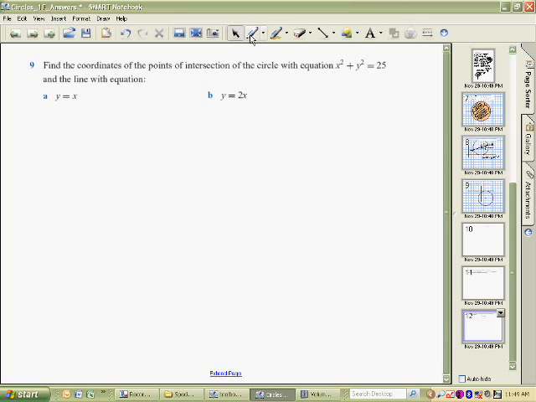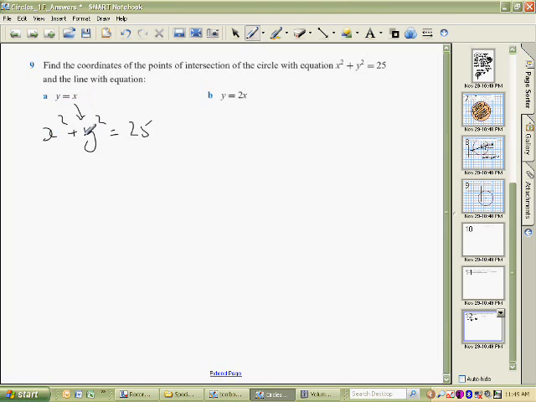So for this one here, for example, here's your equation. Whoops, 25, isn't it? So whereabouts does it intersect with this one here? Well, it'll be where the points are common. So if it's the point where x is equal to y, where will that occur? Well, we can use this and substitute this in.